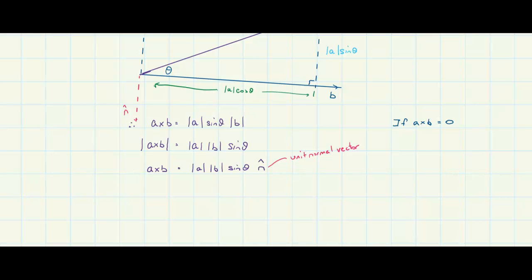Now, because in the cross product we're measuring perpendicularness, it's the opposite. If there's no perpendicularness, they must be parallel or collinear. So if A cross B equals 0, then A and B are collinear.